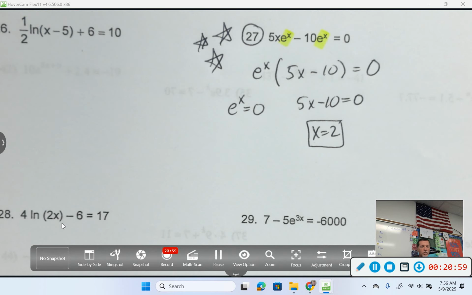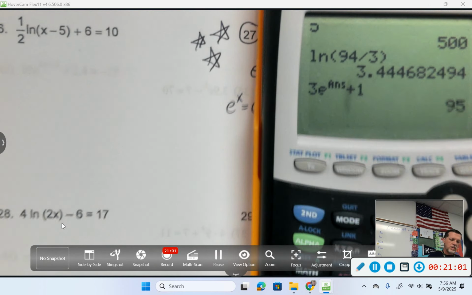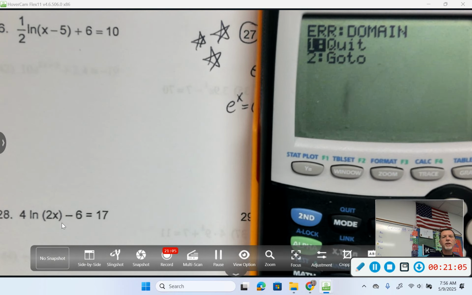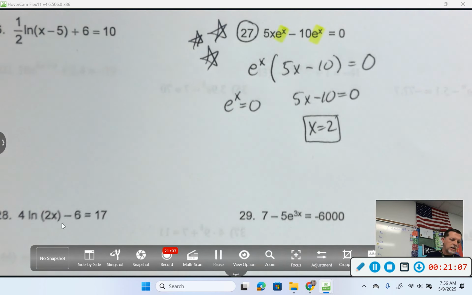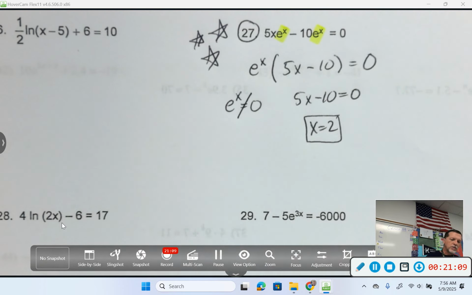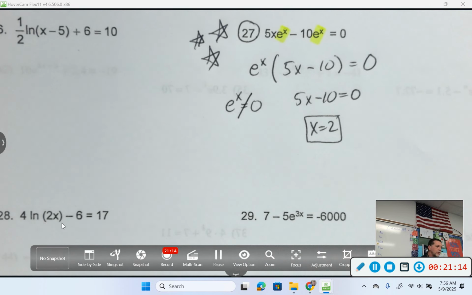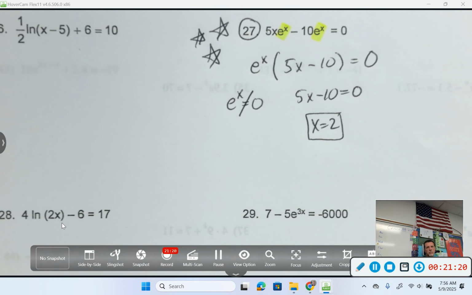If you weren't sure, you could natural log both sides, and if you typed in natural log of 0, your calculator would tell you, wait a minute, that doesn't work. So don't write no solution, because this little piece has no solution, but overall, x equals 2 is still an answer. Okay, so common factor, factor it out, and then set up two equations.